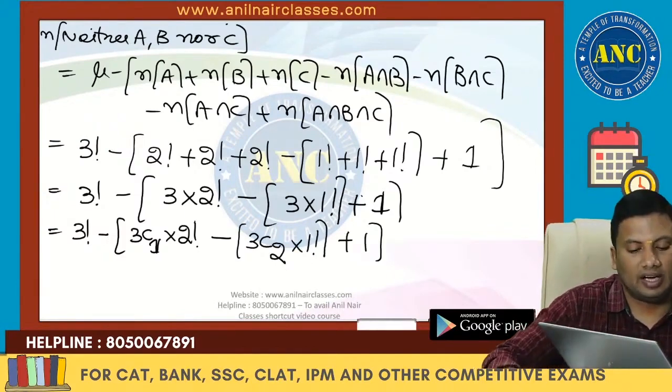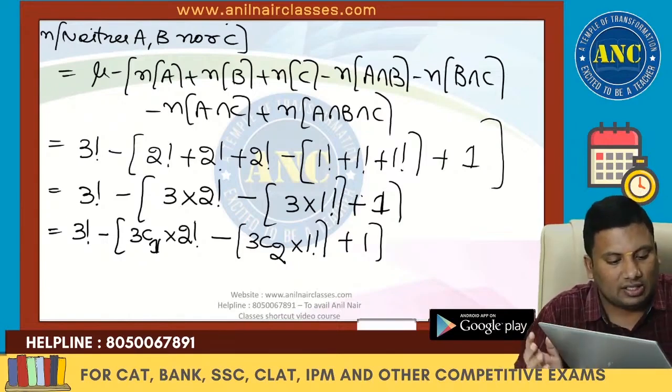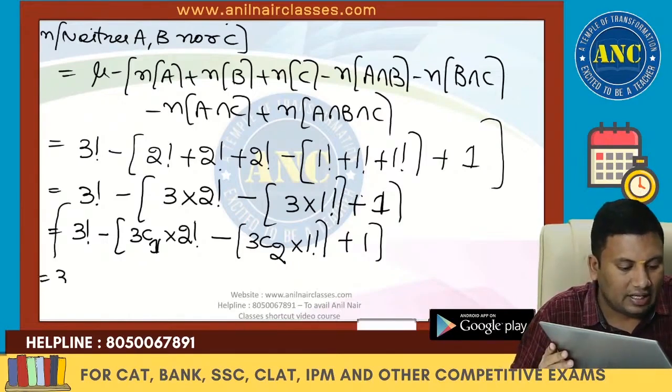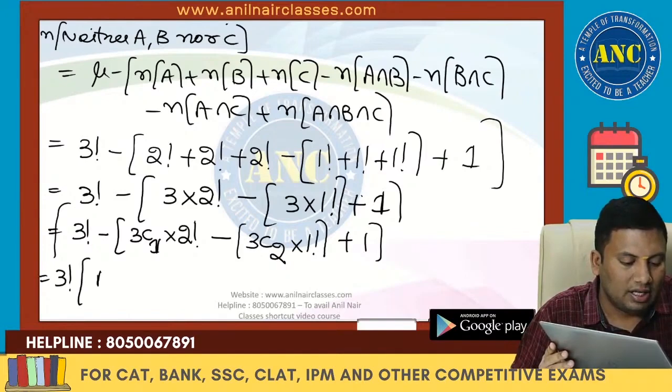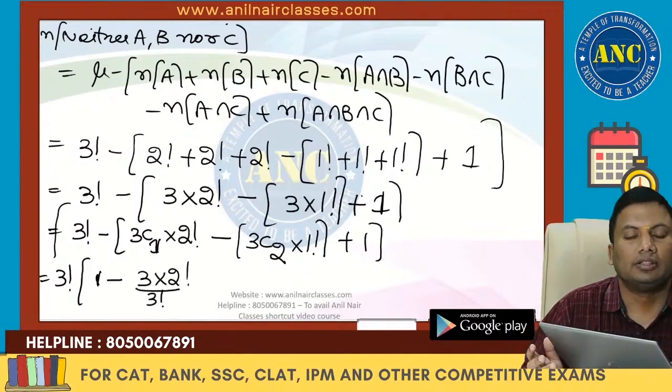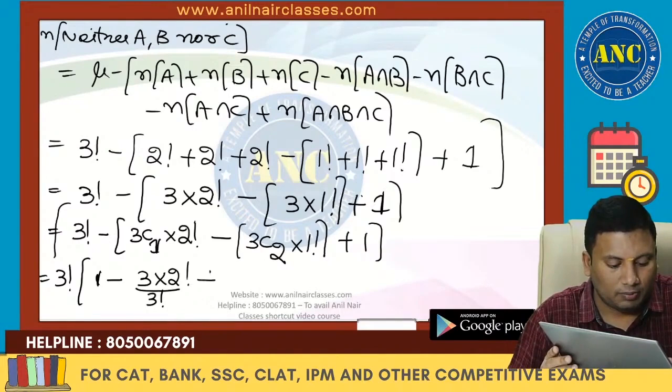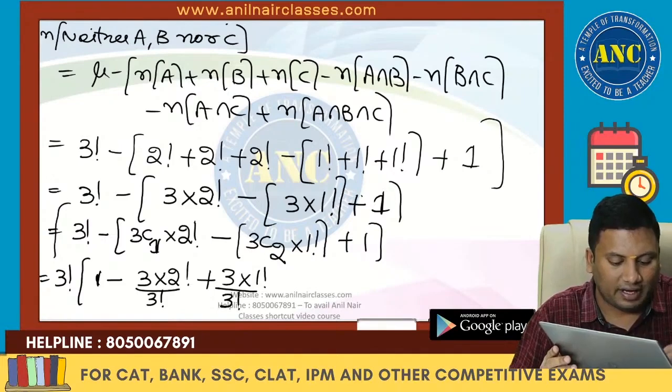I hope it is clear. So this can be written as, if I take 3 factorial common, 1 minus 3 into 2 factorial by 3 factorial, minus into minus plus 3 into 1 factorial by 3 factorial, minus into plus minus 1 by 3 factorial.